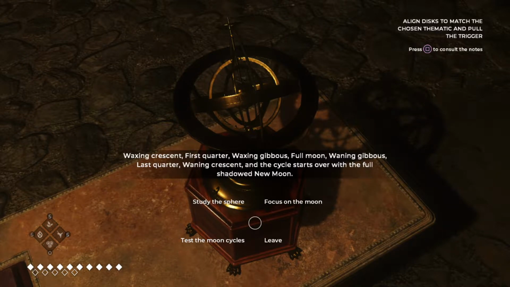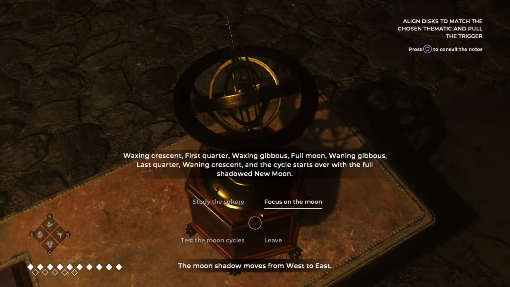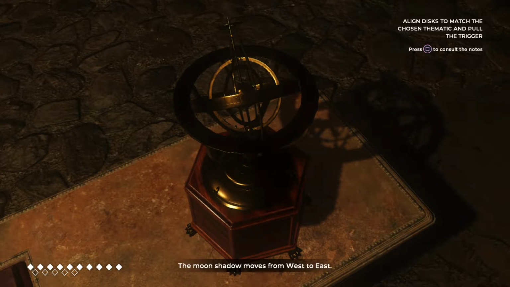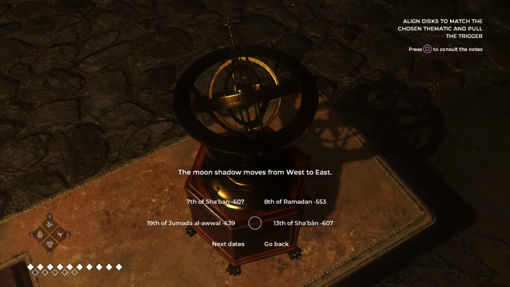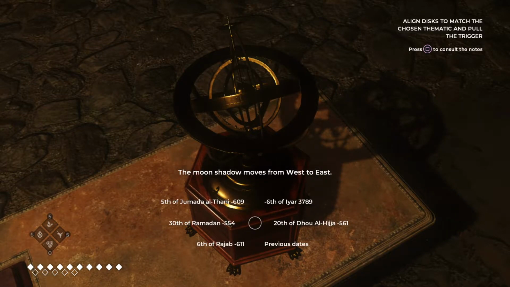Okay. So, on the moon, the moon's shadow moves from west to east. Ah, okay.